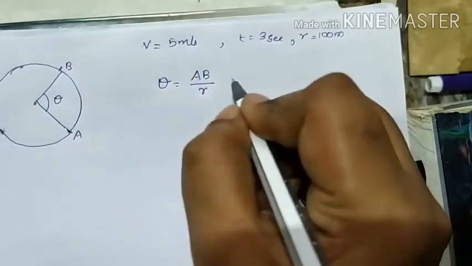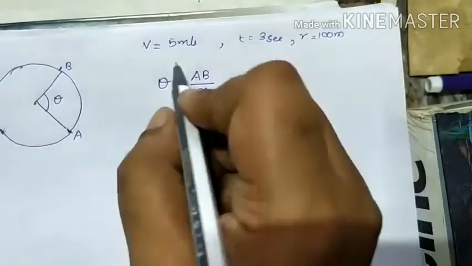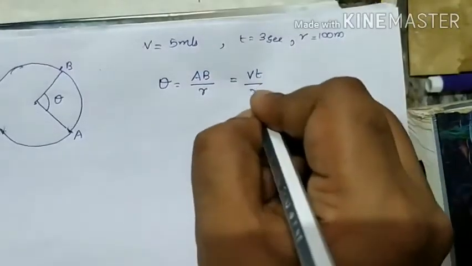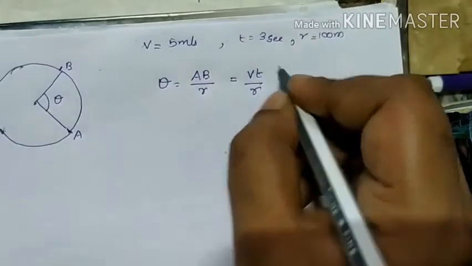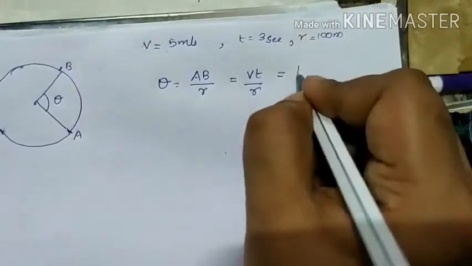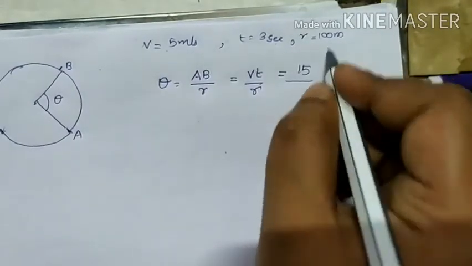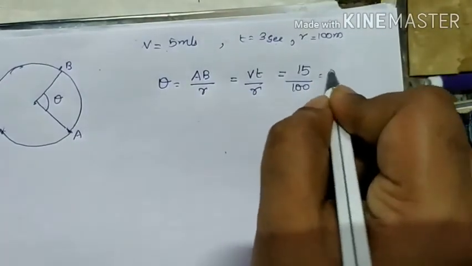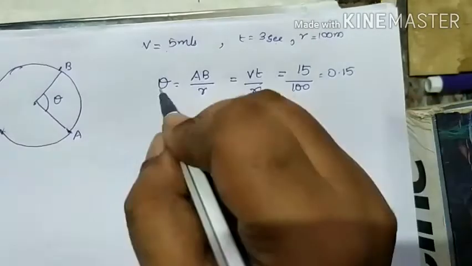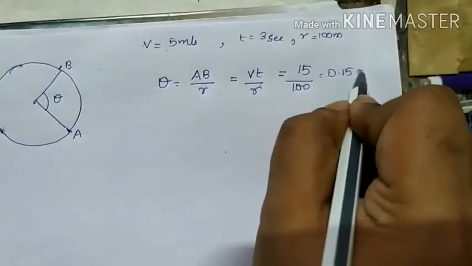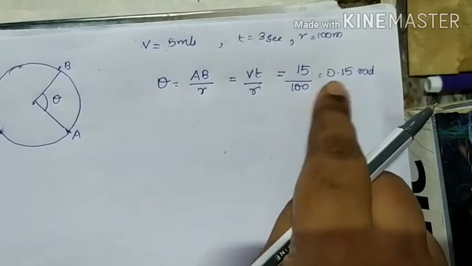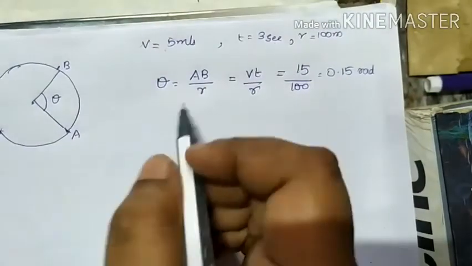But length is velocity into time, divided by R. Now what is velocity into time? 5 into 3, that is 15. And what is the radius? 100. So it is 0.15 theta, right? Theta is in radian. So 0.15 radian is the answer.